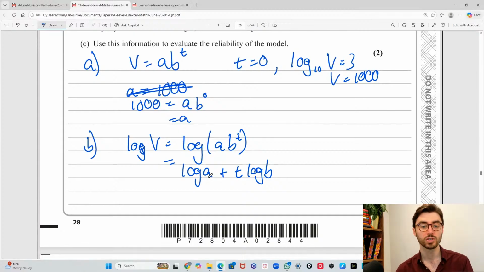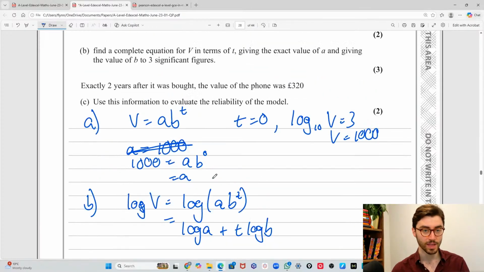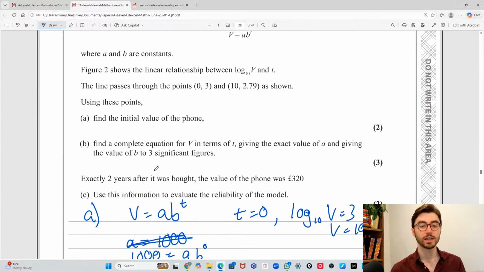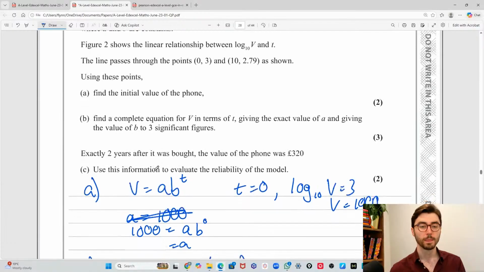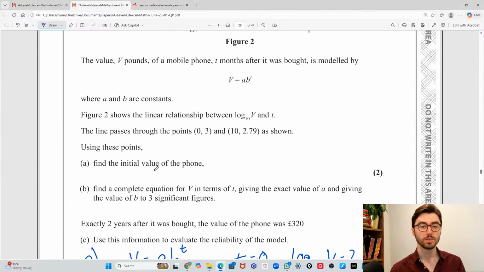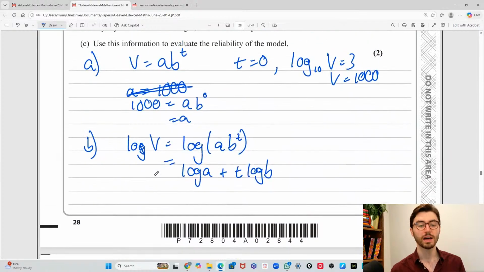As we've established, log a is 3, which means that a is 1000.